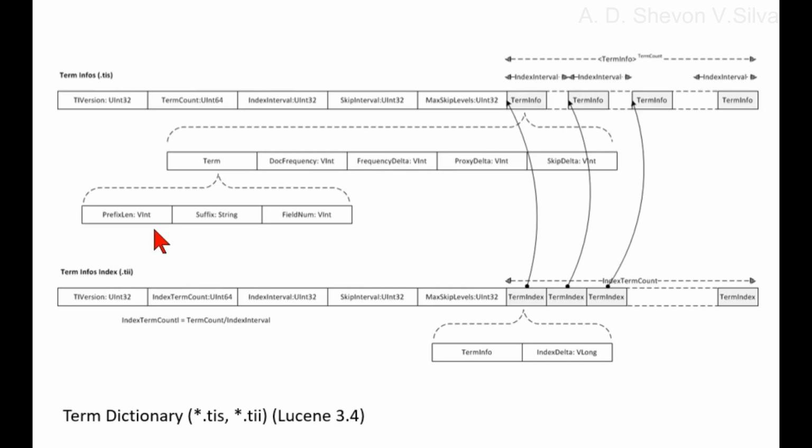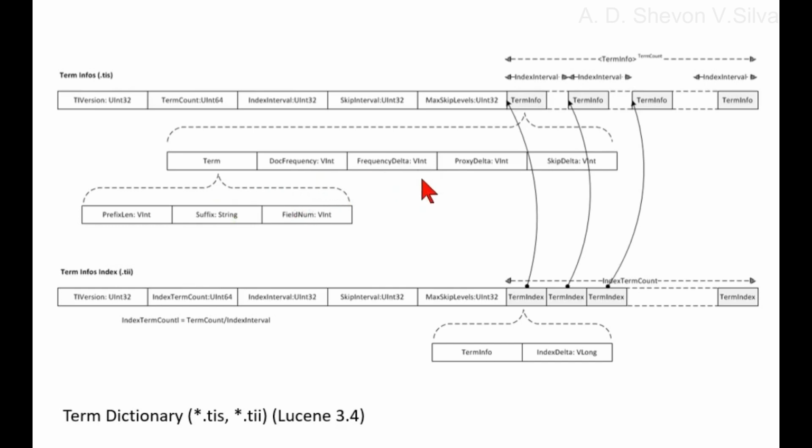Thus, if the previous term's text was bore, then the term is boy; the prefix length is 2 and the suffix is y. Document frequency. DocFreq is the count of the documents which contain the term.